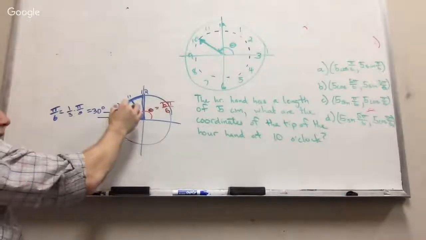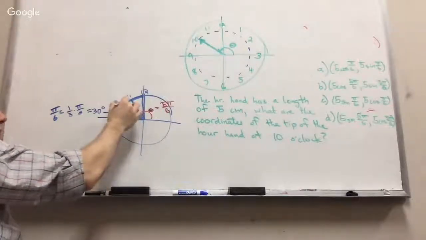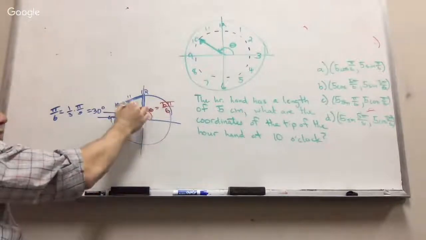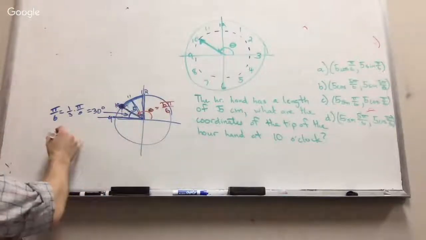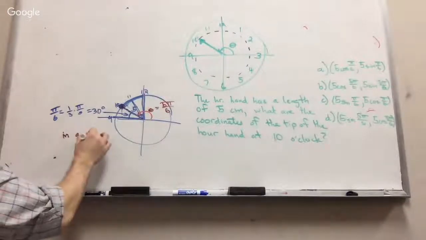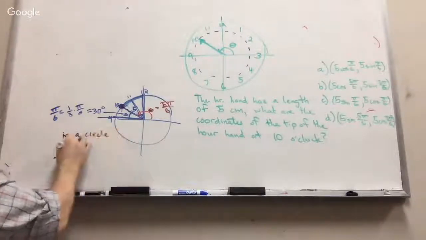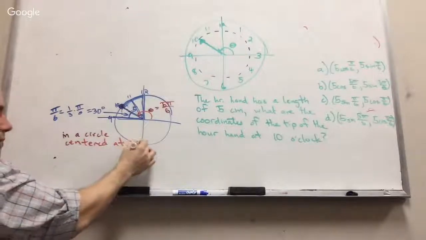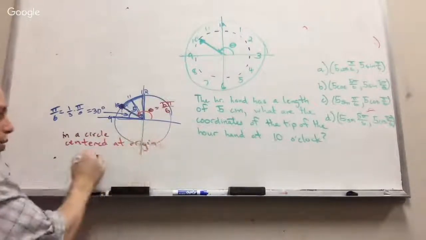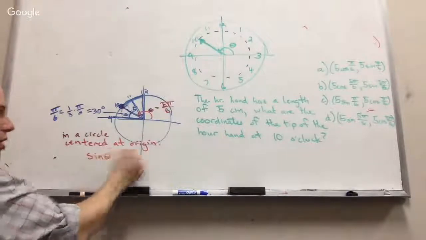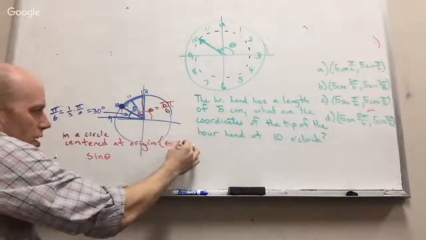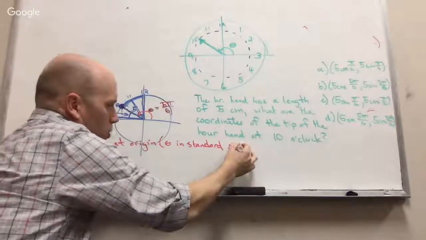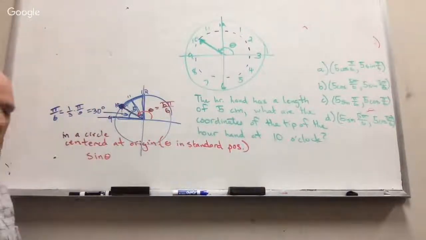And we know that if we have a radius r in a circle centered at the origin, we can always define sine of theta. We also have to assume theta in standard position. Sorry, my board work is leaving a little bit to be desired right here.